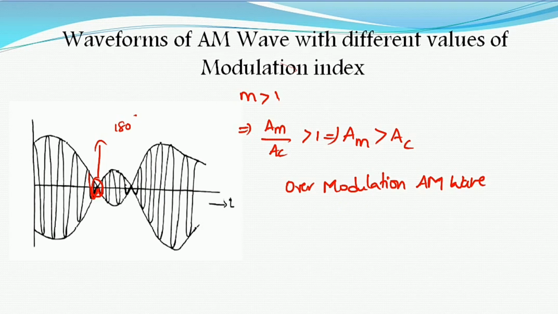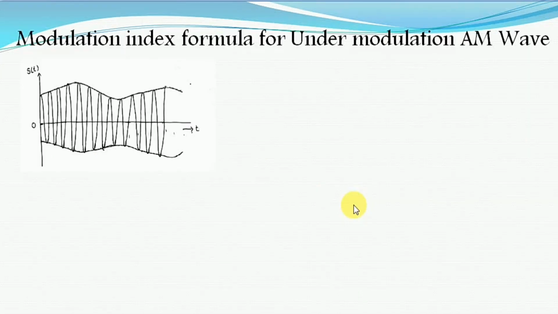So these are the waveforms for different values of modulation index: m less than 1, m equal to 1, m greater than 1, and how the AM waves look. Now let us see, for any one type of waveform, how we are going to calculate the modulation index practically. Here I am considering the AM waveform with modulation index m less than 1.